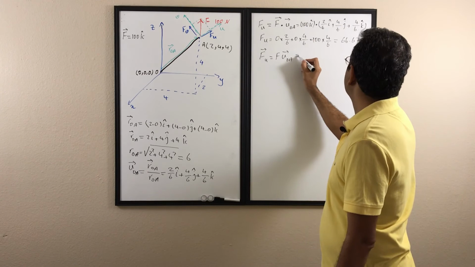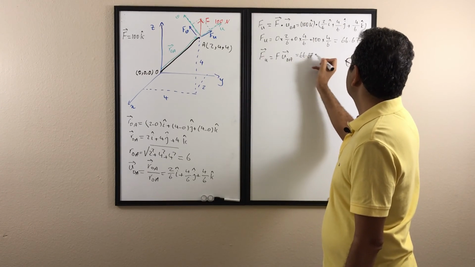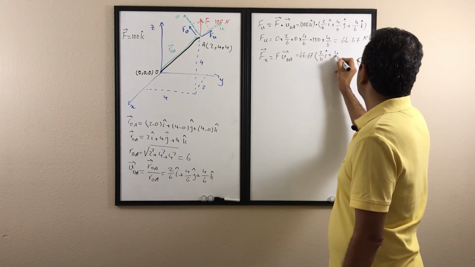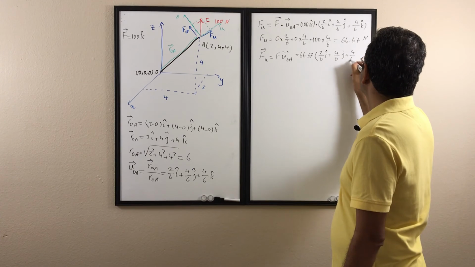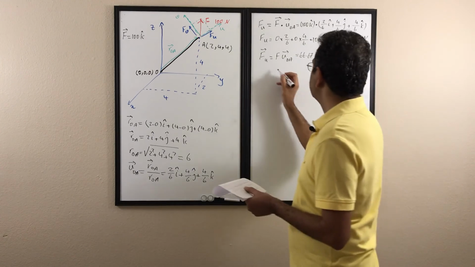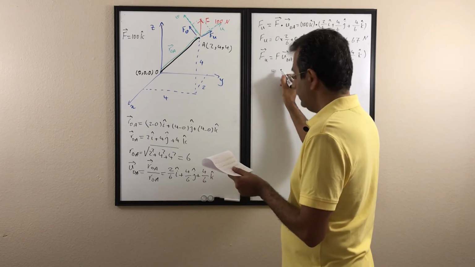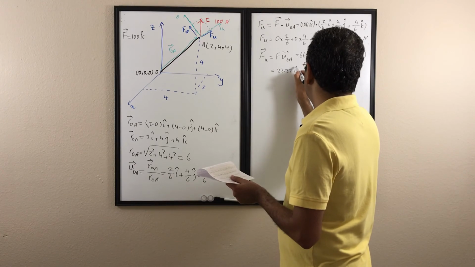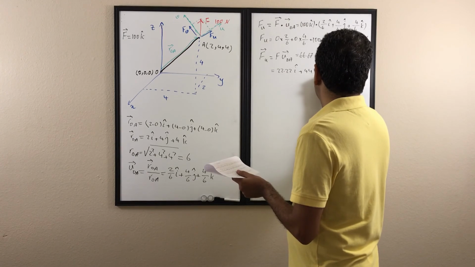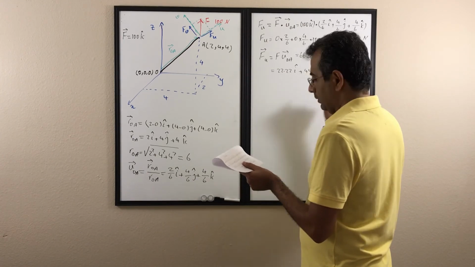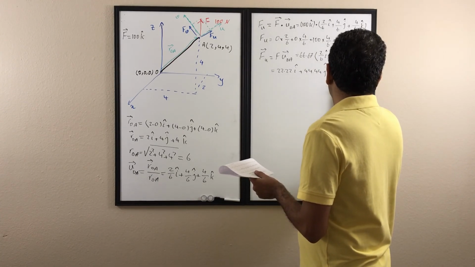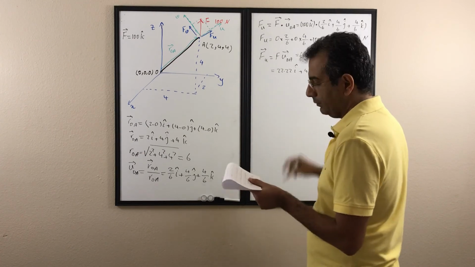Its magnitude is 66.67 times the unit vector, 2/6 I plus 4/6 J plus 4/6 K, which gives us 22.22I plus 44.44J plus 44.44K. So that's the vector that we have.